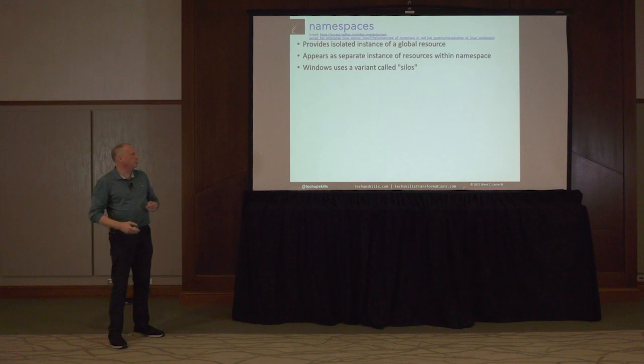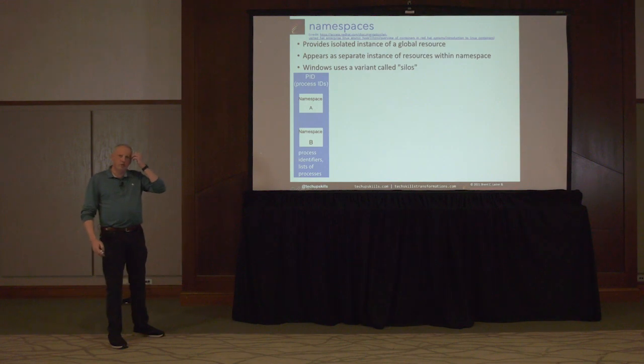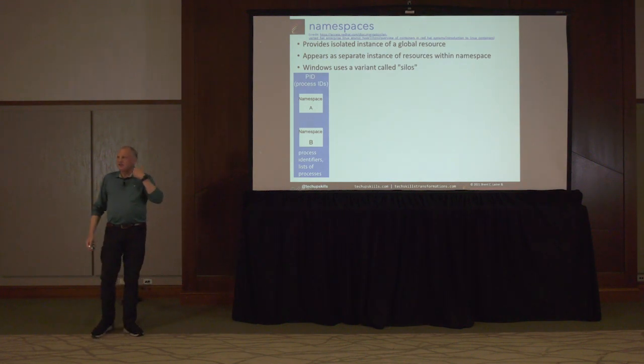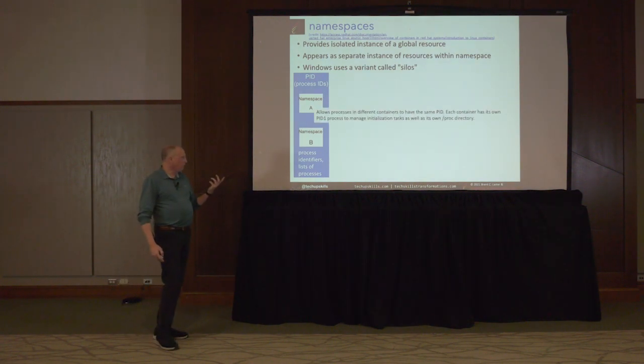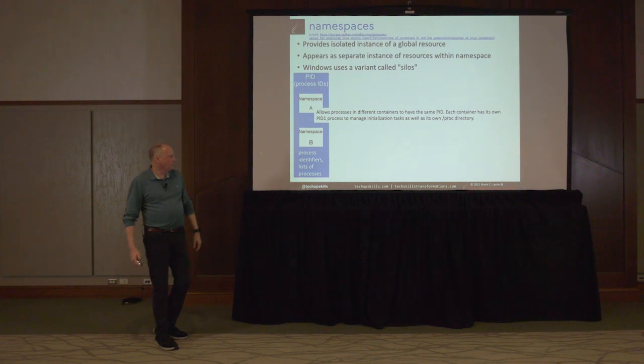Namespaces are another operating system feature leveraged with containers. An isolated instance of a global resource appears as a separate instance. Windows has its own variant called silos. So these are things like process IDs, the IDs in the operating system of the processes being used. With containers, it allows processes in different containers to have the same process ID.